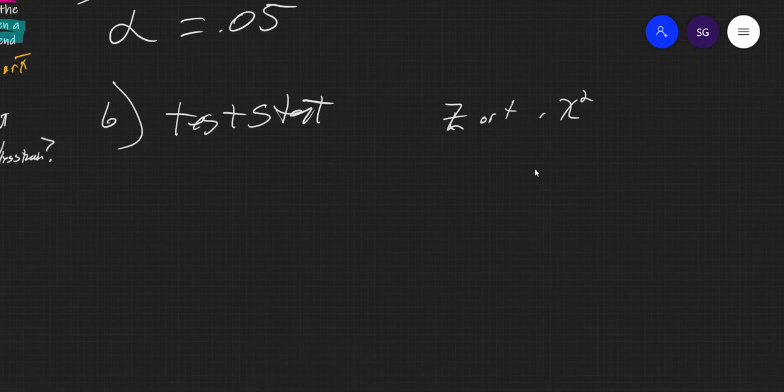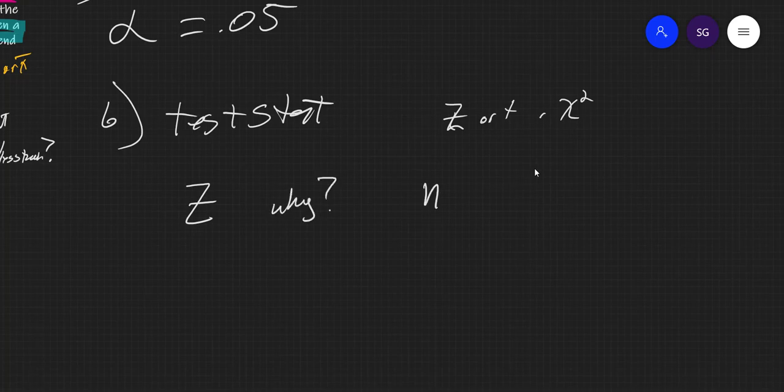So that's good. It is not a mu or an x bar. It is not a p. It is not any of those things. It's not something that is descriptive of the population. It is something that we have to calculate. So my test stat that I'm going to use here is going to be a z. Why a z?